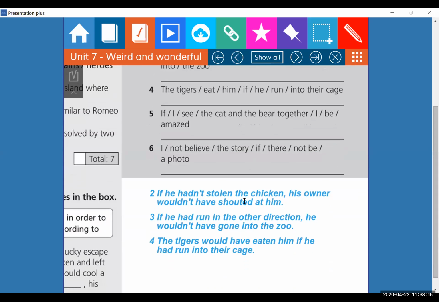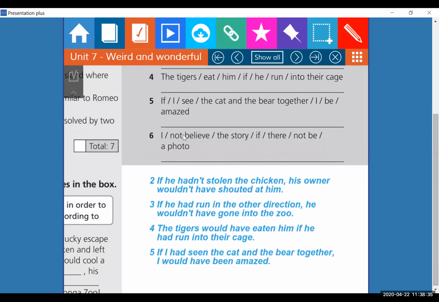And the fifth one: if I had seen the cat and the bear together, I would have been amazed. Did I see the cat and bear together? No. Was I amazed? No. And the last one: I wouldn't have believed the story if there hadn't been a photo.